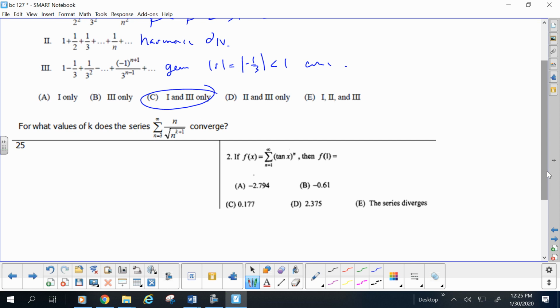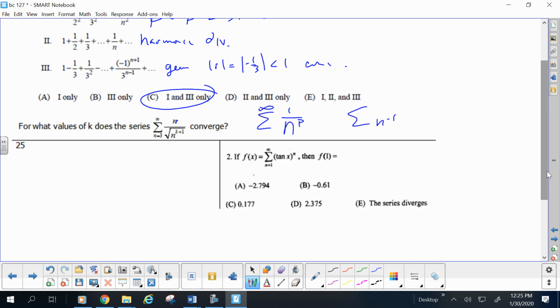The next guy. This is very common. If you keep it structured, you'll have a much easier time. But when I say keep it structured, you want to make it look like a nice, clean p-series. You want to combine it all so it's nice and clean. So if I do that, what does this n do when I move it down? Negative 1.